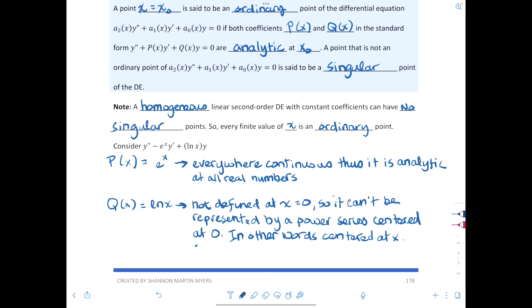Therefore, x equals 0 is a singular point for the whole DE because natural log of x is the coefficient to the y term. So x equals 0 is a singular point of the entire DE.